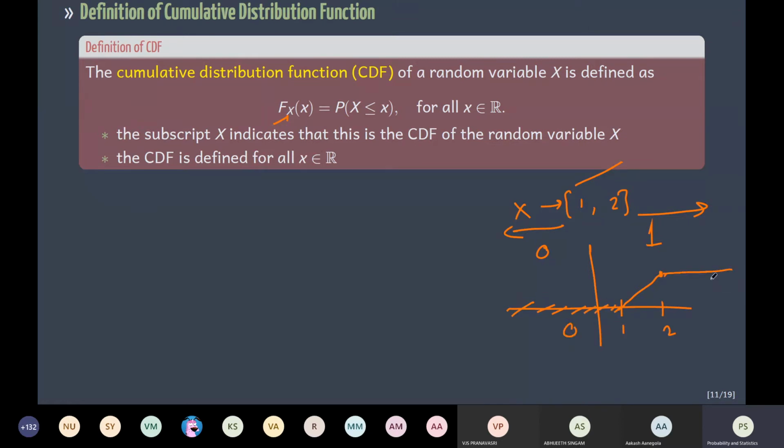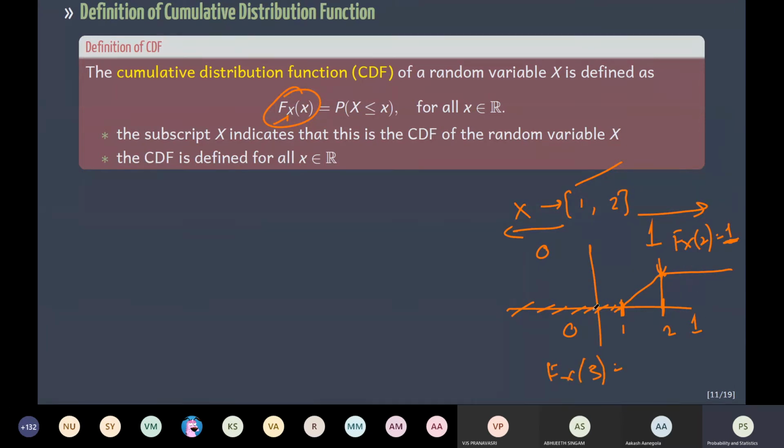And outside this, we can define it to be 1, because the probability is always cumulative, right? Since X is a random variable, if I sum up, the moment the cumulative reaches here, the probability will become 1. So F_X(2) will become 1. And beyond that, you can also ask about F_X(3).